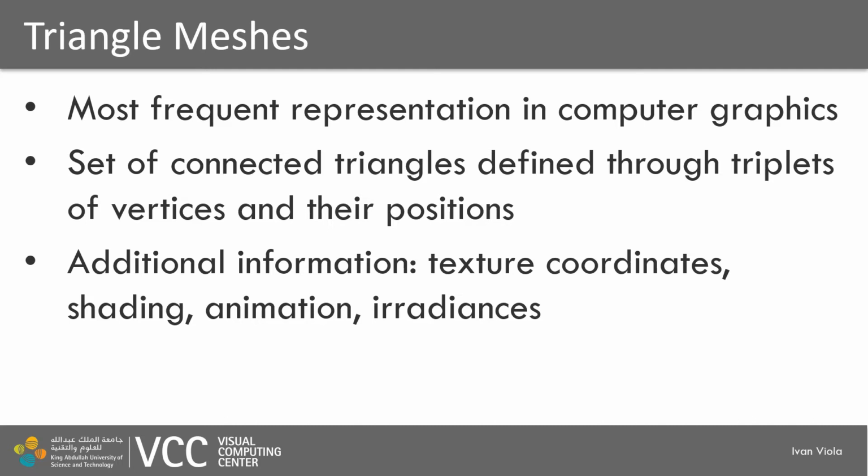We will start with the most frequent representation, which is the triangle meshes, and we'll be describing what the suitable data structures are for representing it or for processing it, for finding necessary information we might be interested in.